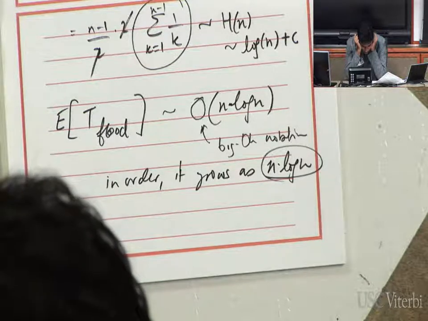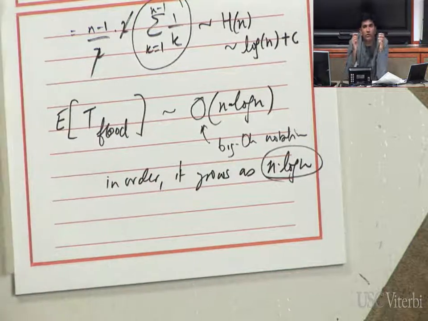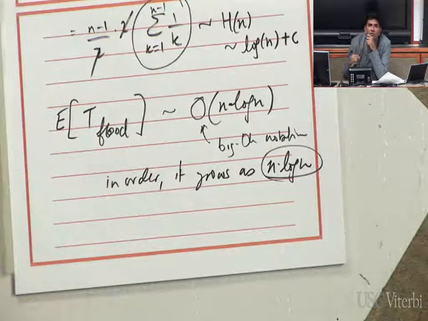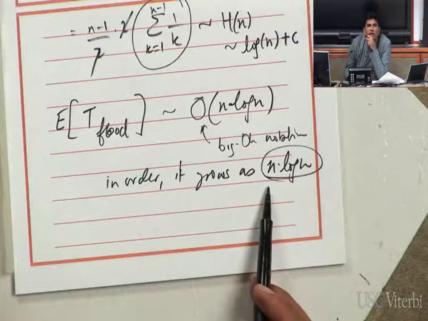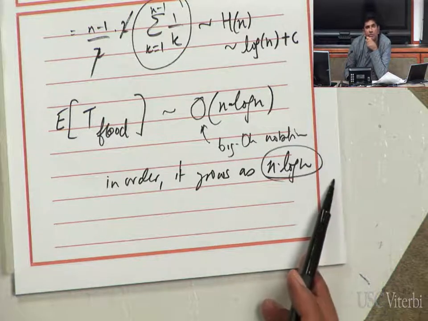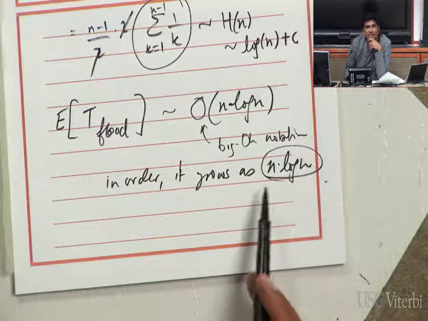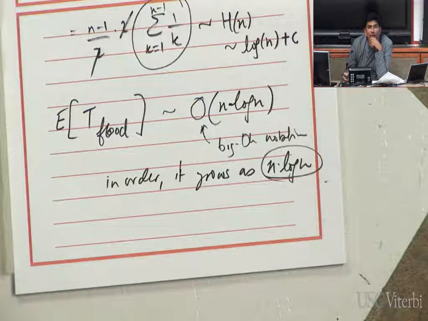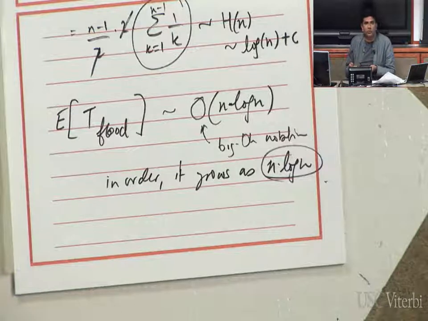It's saying that the total number of time steps that it takes to propagate the message throughout the whole network is growing, as you add more and more nodes to the network, as n times this log n term. And this is under the assumption that at each time we're only allowing one pair of nodes to encounter each other at a time. So under that model, we're able to kind of describe how the flooding would grow.